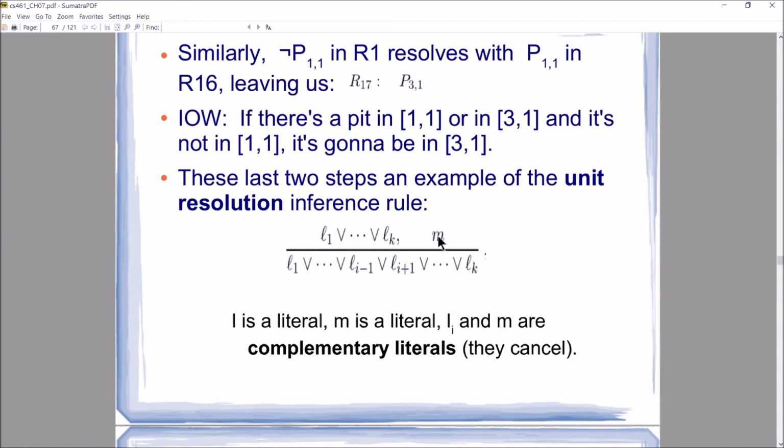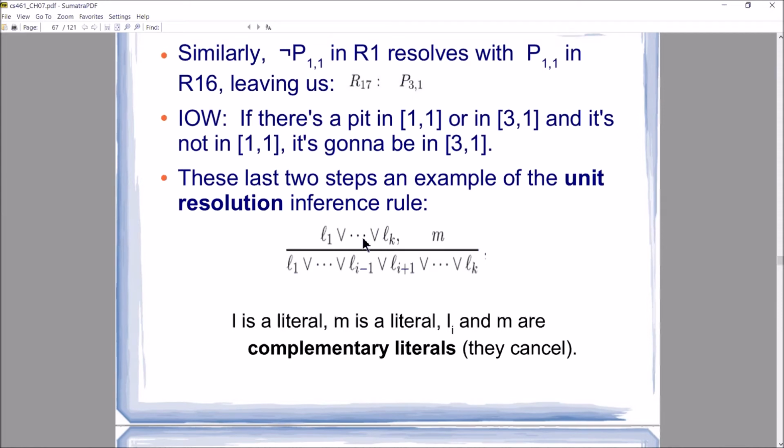And then I have some other literal m that's complementary to one of the literals in that list, right? So if that's the case, then what I can do is I can cancel them out. And so what underneath the line is showing us is that, look, there's a gap now, right? So where before it was L1 up through LK, the M canceled out.